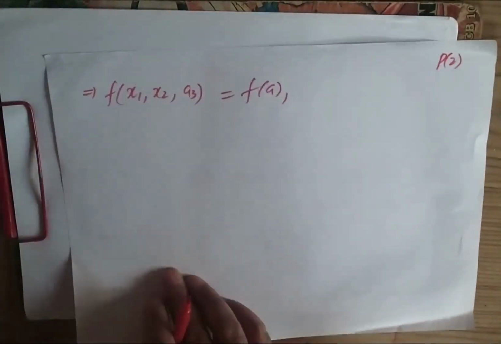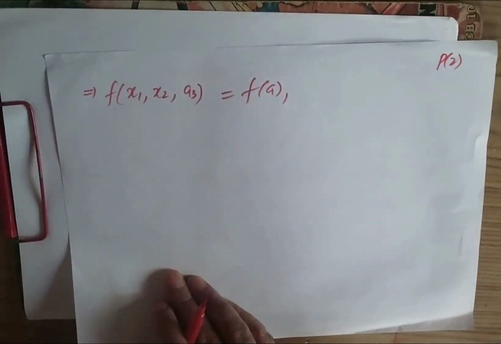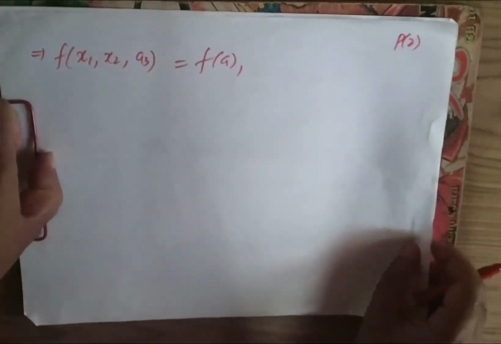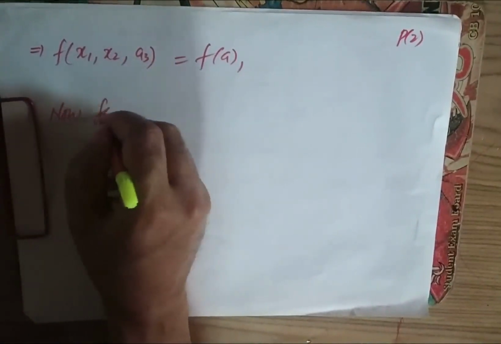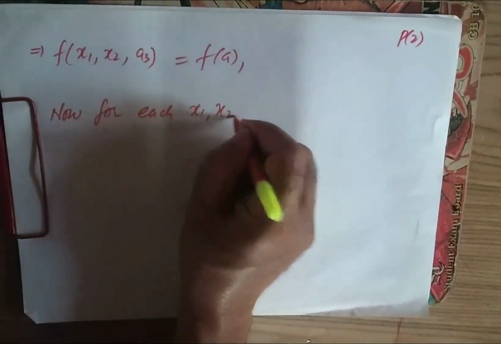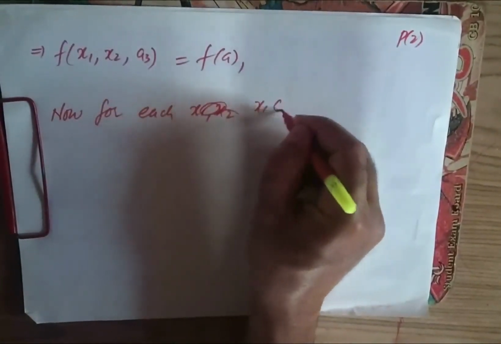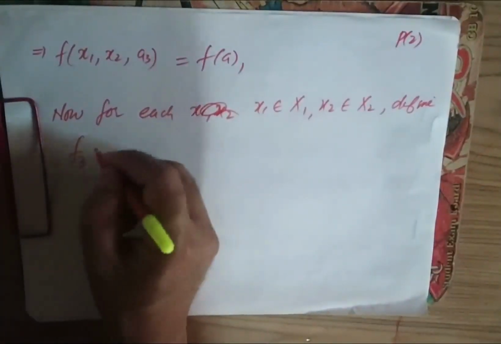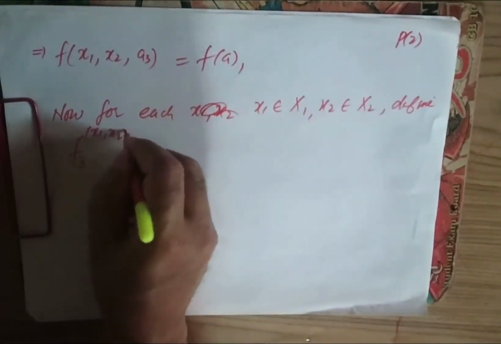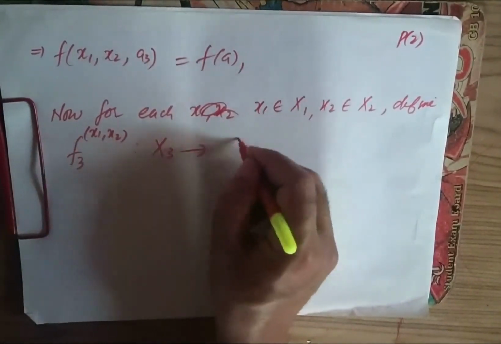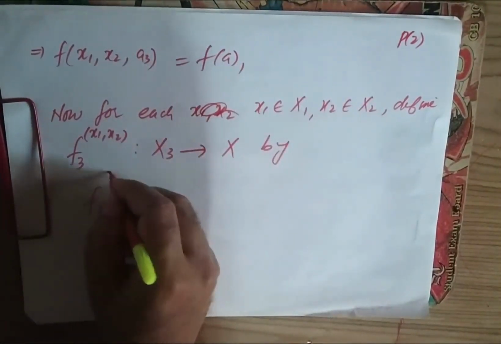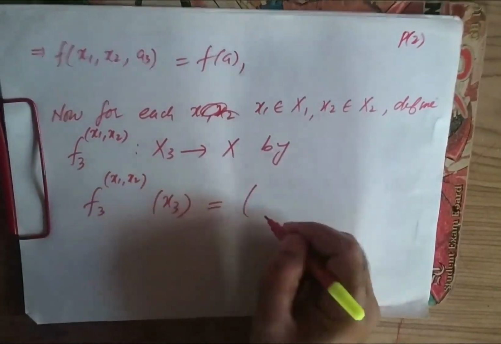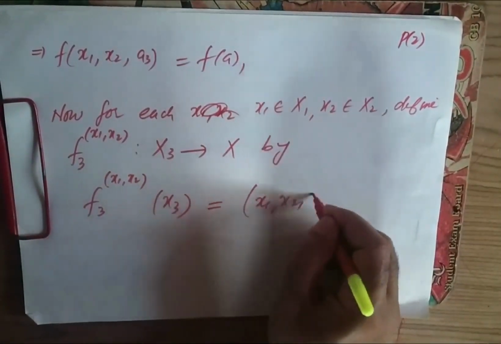So next we define f3. Now we define f3 for each x1 belonging to X1, x2 belonging to X2: we define f3 x1 x2 from X3 to X by f3 x1 x2 at the point x3, where x3 belongs to X3, by (x1, x2, x3).